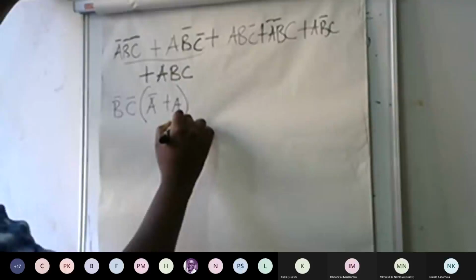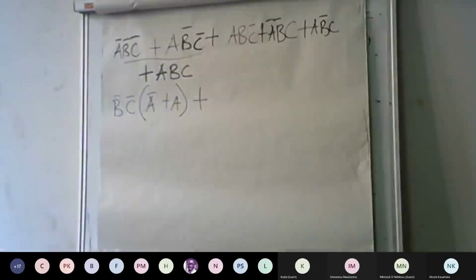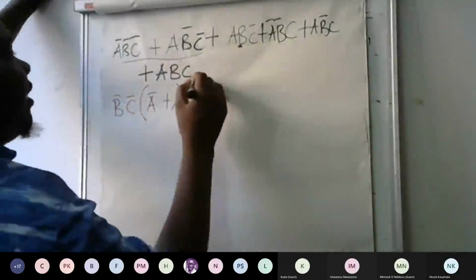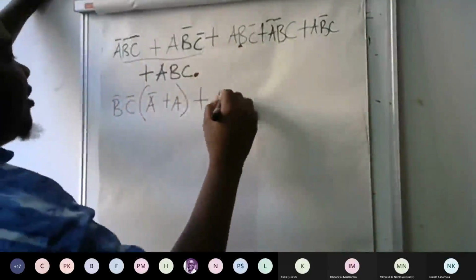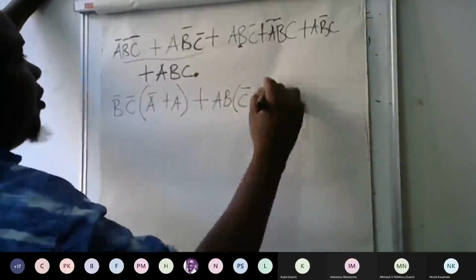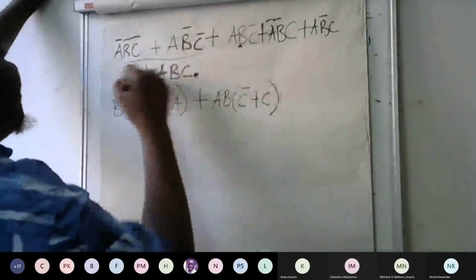Then I can move on to inspect the third term. If I take this term and this term, I see that I can factor out A, B here, and I'll still have C plus C complement, which means I've dealt with that.